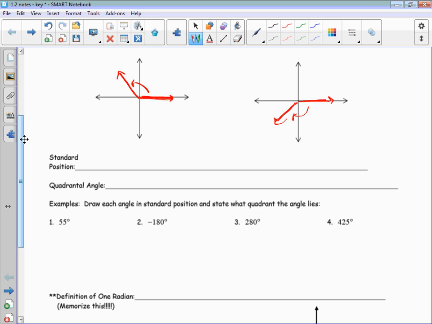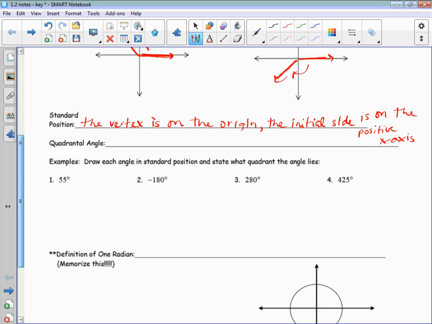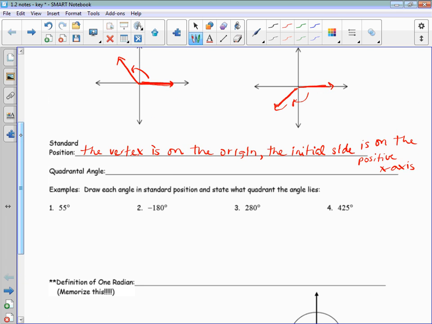So standard position of your angle, which is really all you're going to need, two things. The vertex is on the origin. And the initial side is on the positive x-axis. So both of the angles I drew were standard position angles.